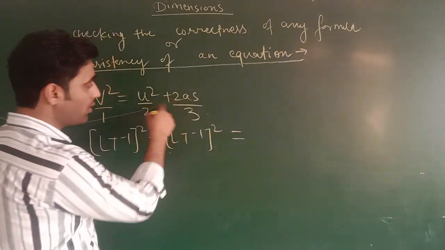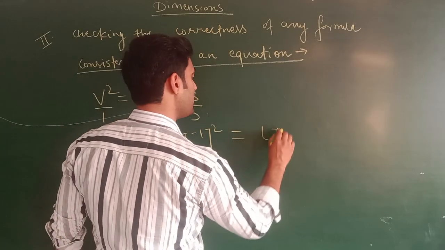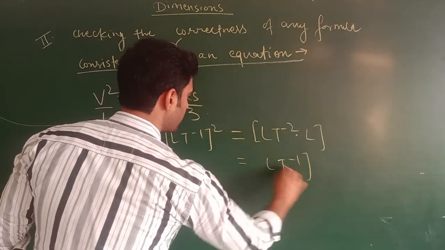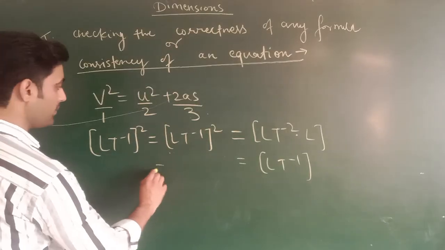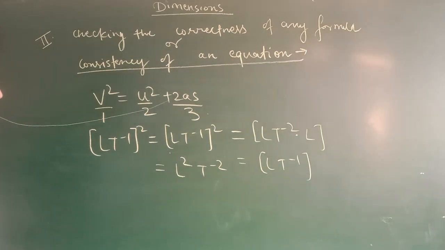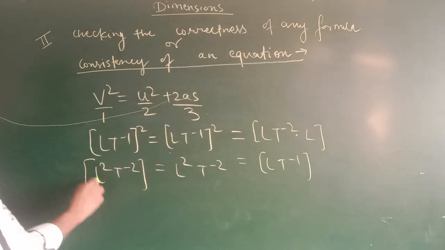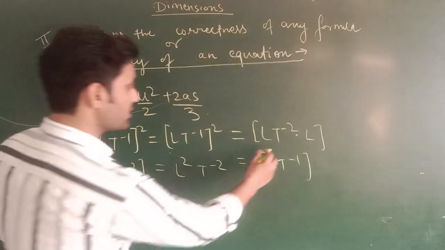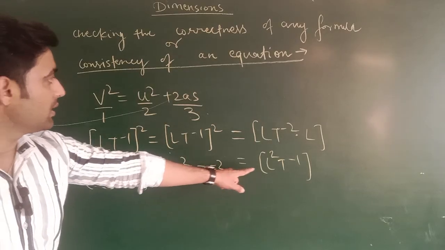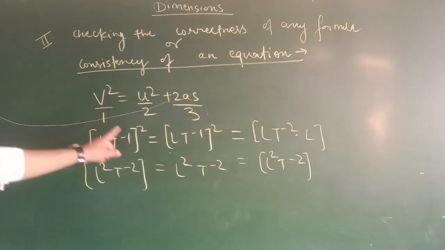The 2 will be ignored as it is a constant, only a and s, acceleration and displacement. So LT minus 2 for acceleration into displacement. So this becomes L square T power minus 2. Again I have L square T minus 2. Here it is L into L, L square, so again L square T minus 2. This equation is consistent again.